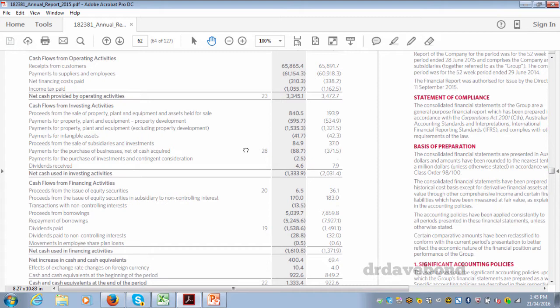And now we know a little bit more about Woolies' cash flows.